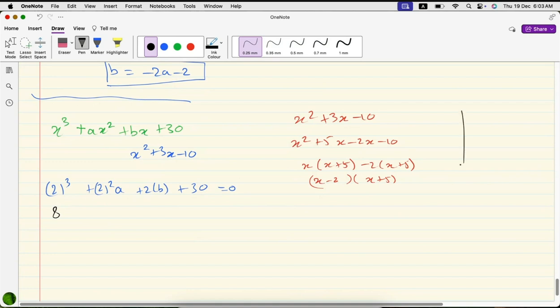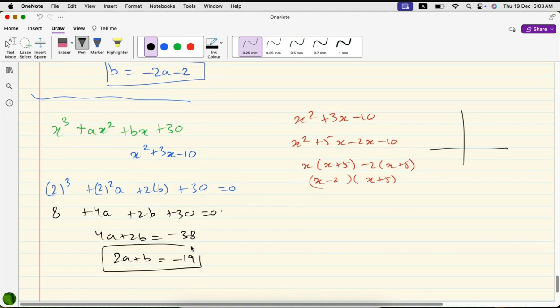See, we have two simultaneous equations, and it is quite possible that they may intersect at 0. Let's just see. Okay. So this is 4a plus 2b equals minus 38, and just divide it by 2. This is 2a plus b equals minus 19.